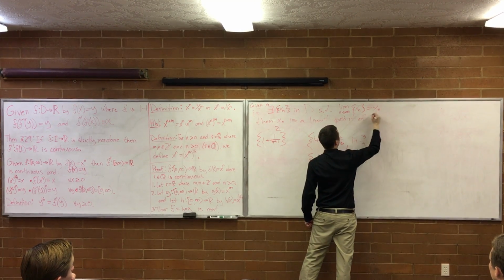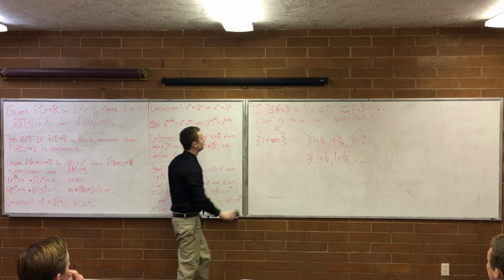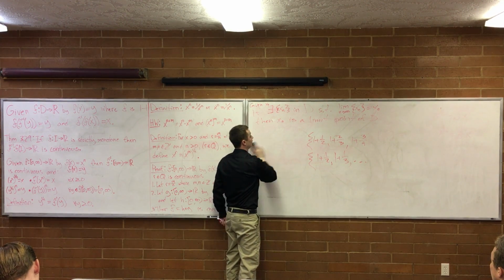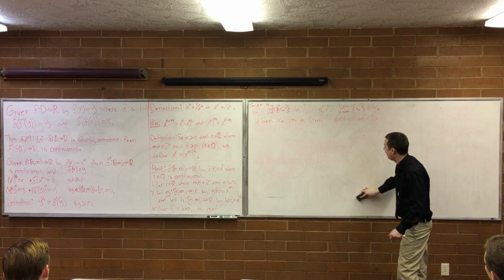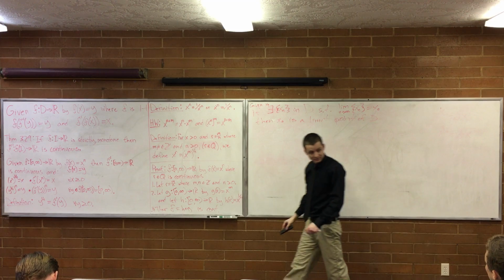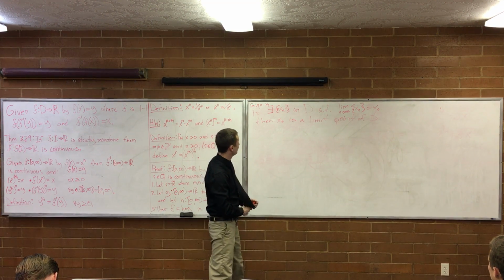We already defined what it means to be a limit, as long as it converges. We talked about a limit, but now we're talking about a limit point of a set. It's a property on the set.